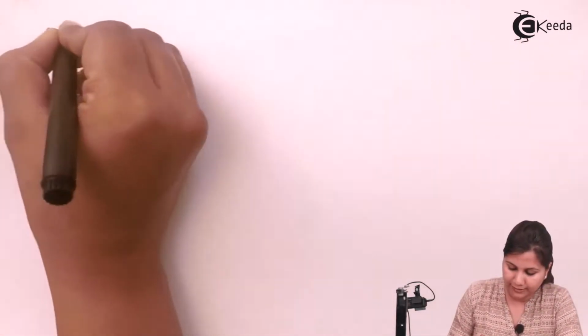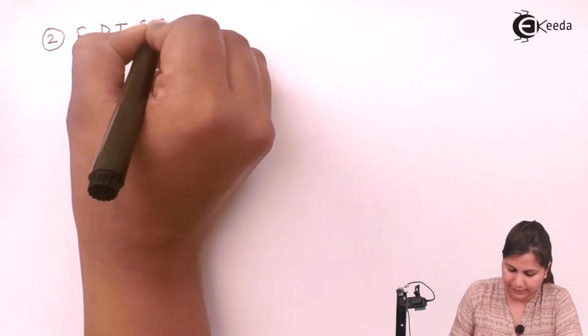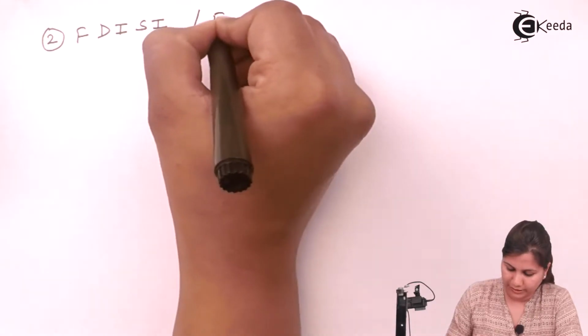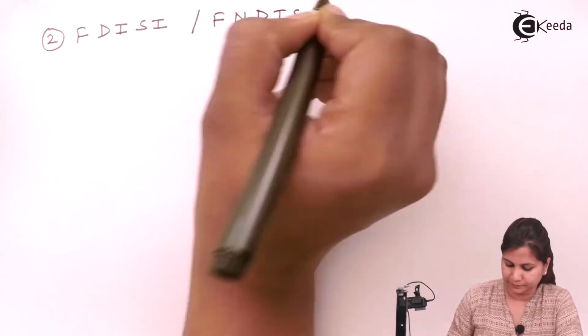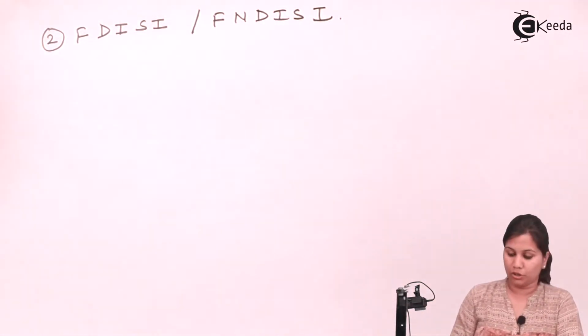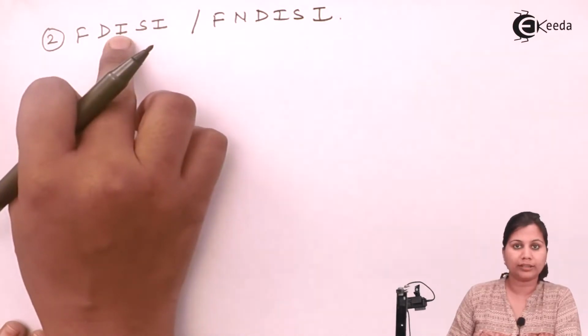The next instruction is FDISI or FNDISI. In this instruction, D is for disabling and I is for the interrupt.